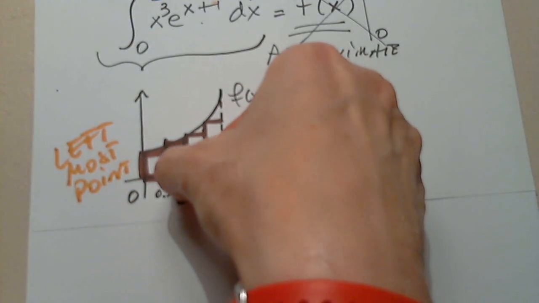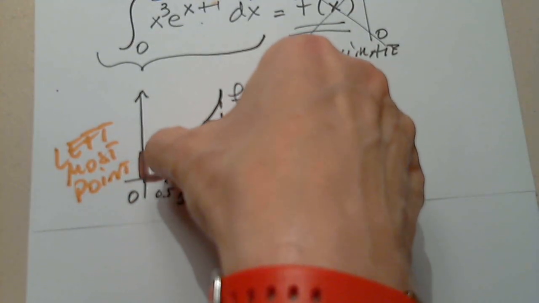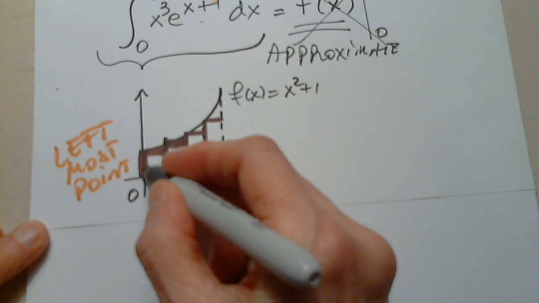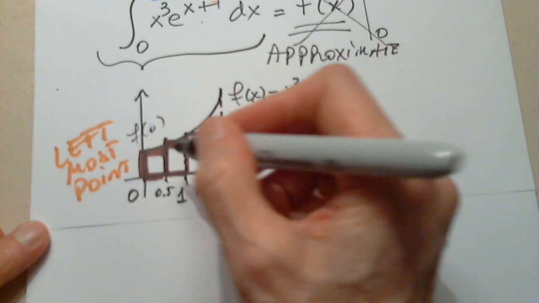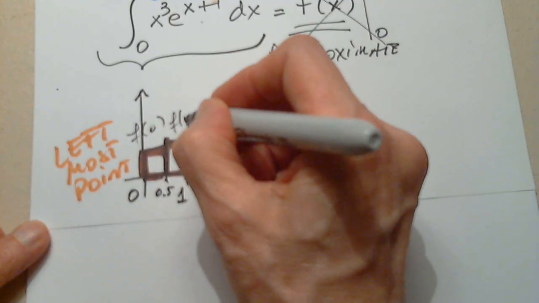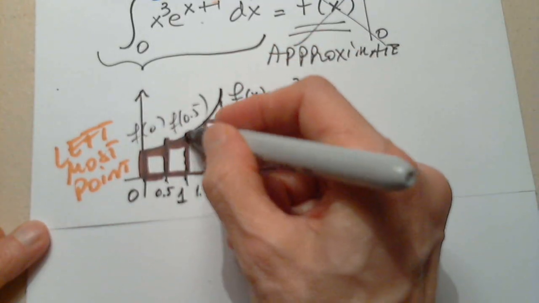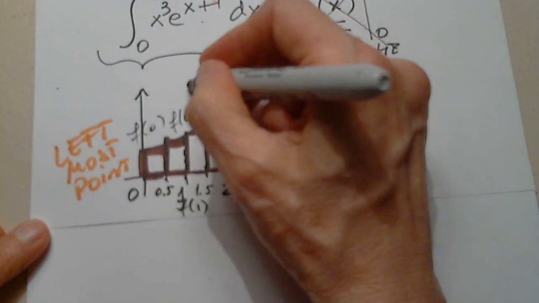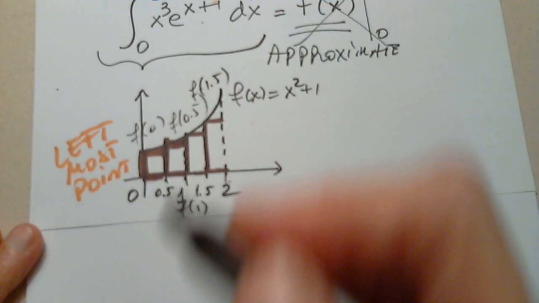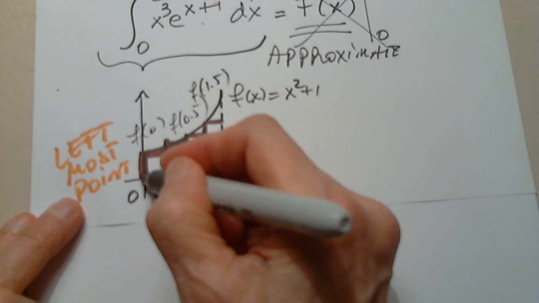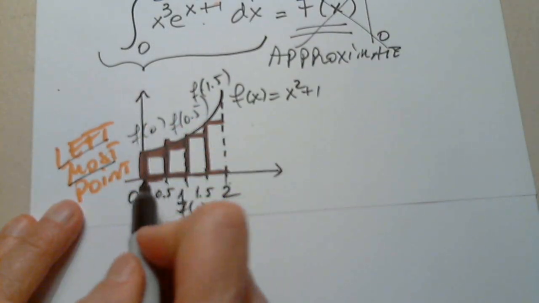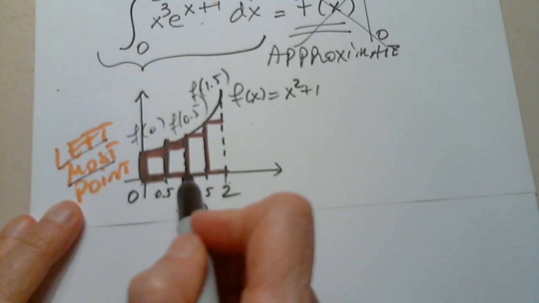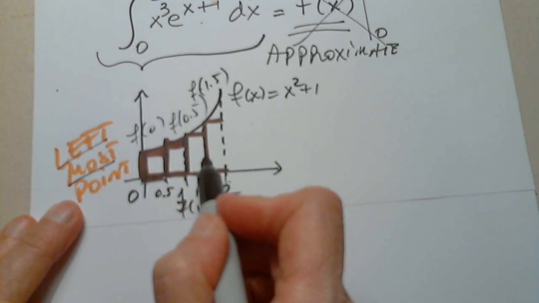This one has the height on the left. What does this mean again? This height is f of 0. This height is f of 0.5. This height is f of 1. This height is f of 1.5. So I use the height on the left of the interval.